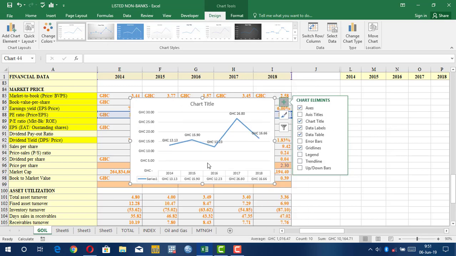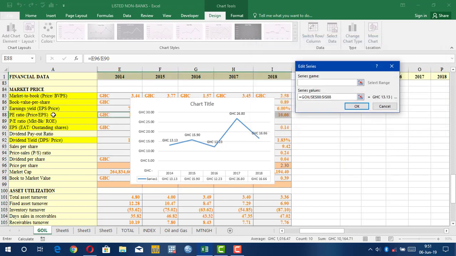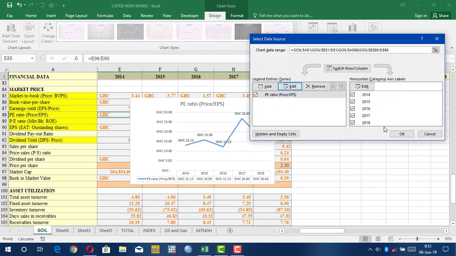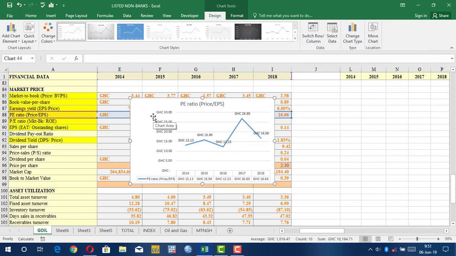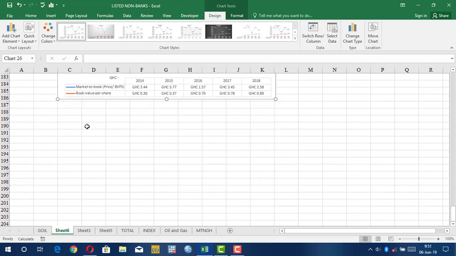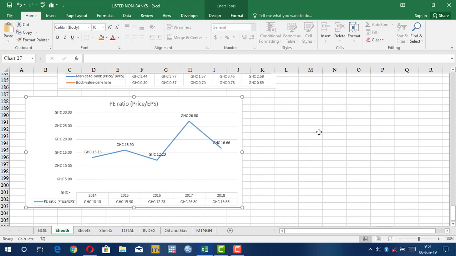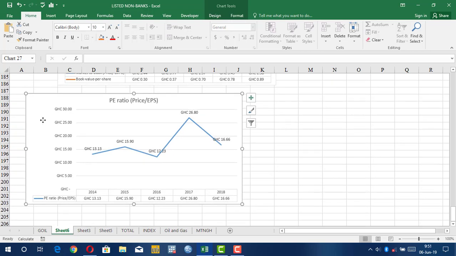Now let's change the name to PE ratio. Okay, so let's take it to our blank sheet and do a proper one. Good. So investors on the markets will look out for this ratio, whether the stock is a growth or a value stock.